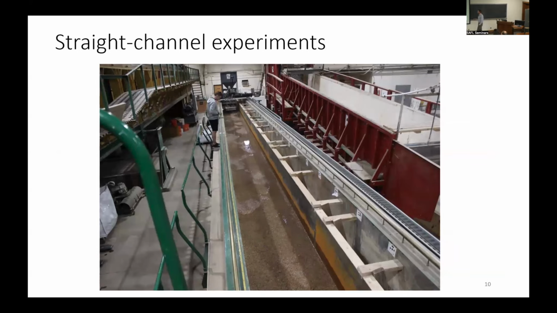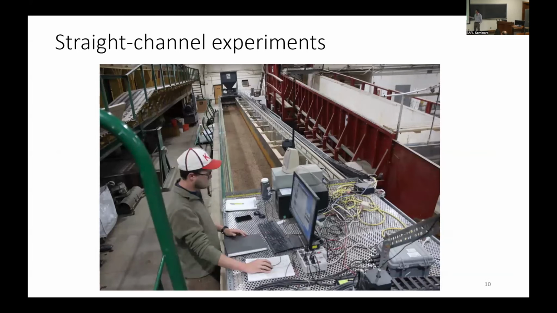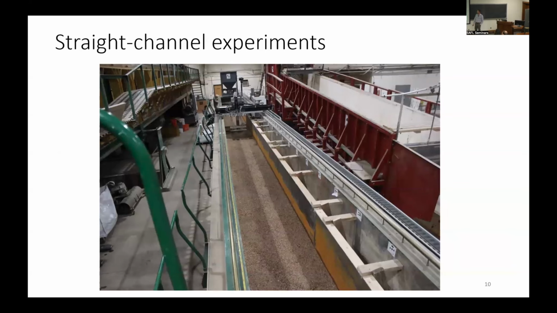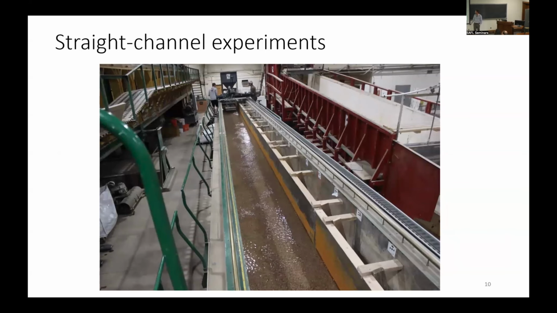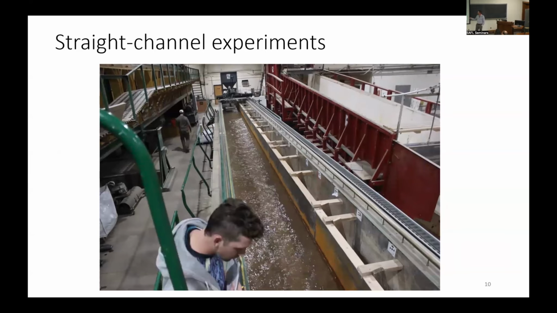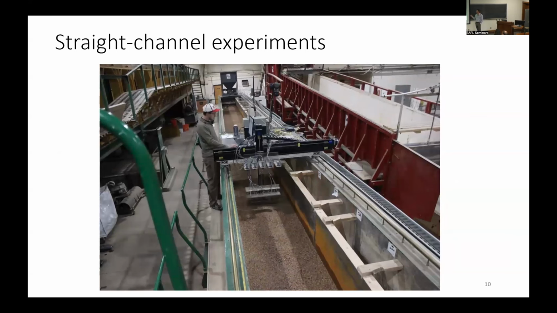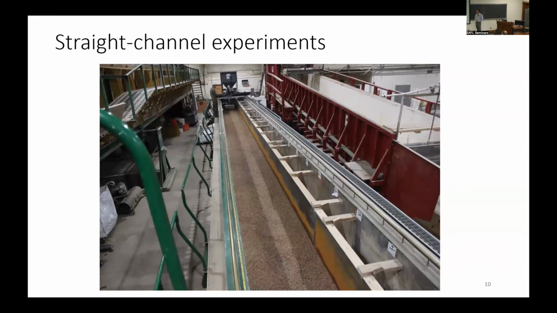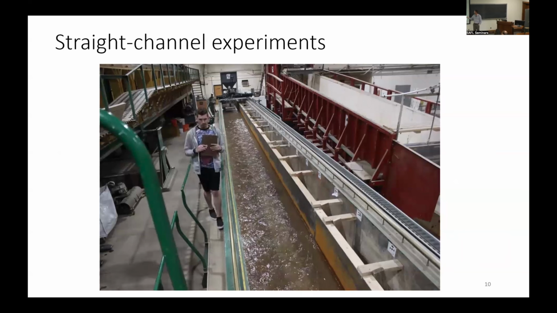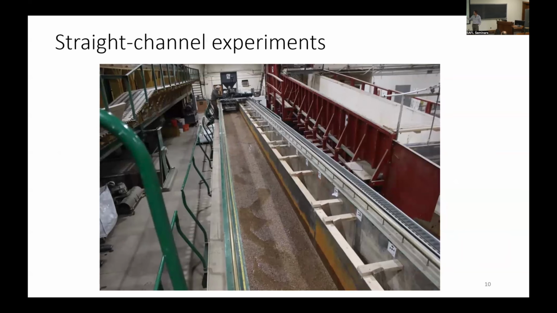This gives you an idea of what we would do during these experiments. This is the flume. This is just a tiny part of our hydraulics lab at CSU. Time-lapse photo. We have a measurement cart, which I'll talk a little bit more about. But we would run water and sediment through from the upstream end. This is a sediment feeder. The upstream end with a structure from motion target taped onto it there.